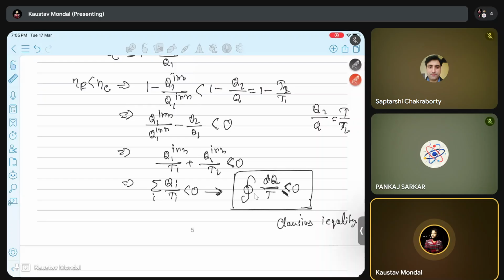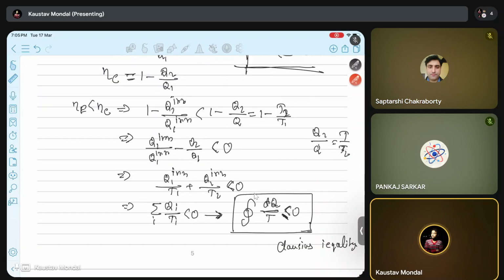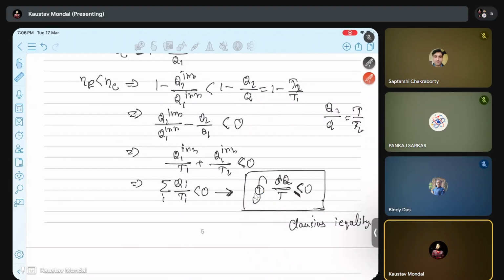So this holds for both reversible and irreversible processes. For an irreversible process, the closed integration of dq by T during the cyclic process would be smaller than 0, and the closed integration will be equal to 0 for the case of a reversible process.